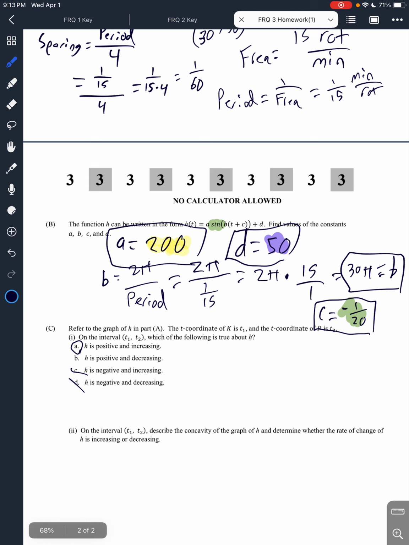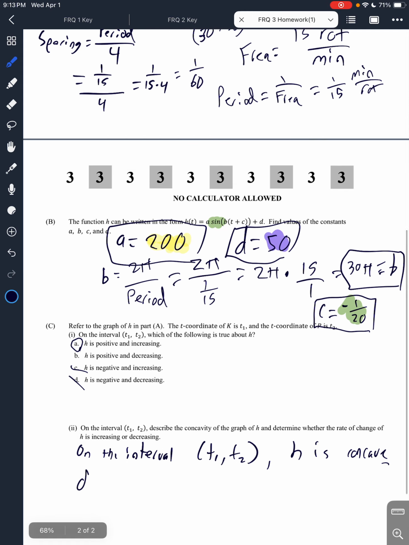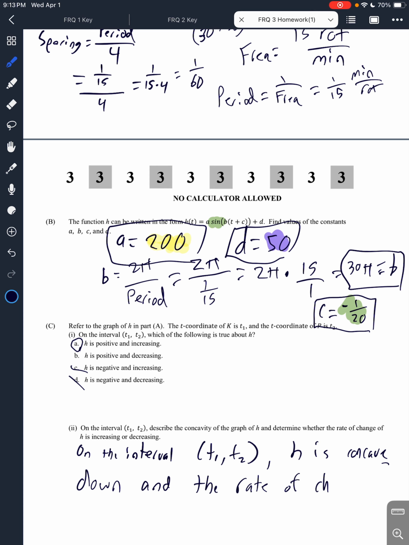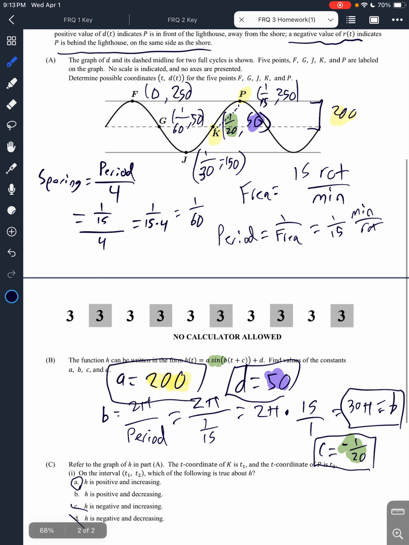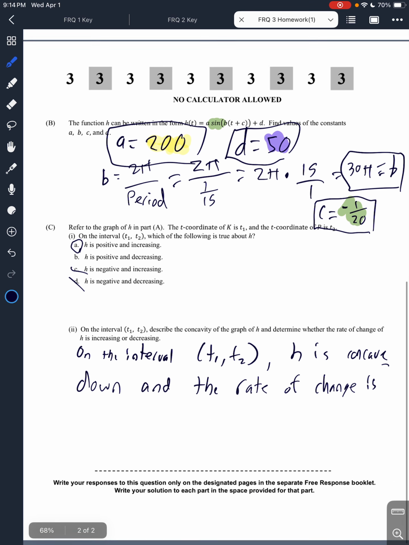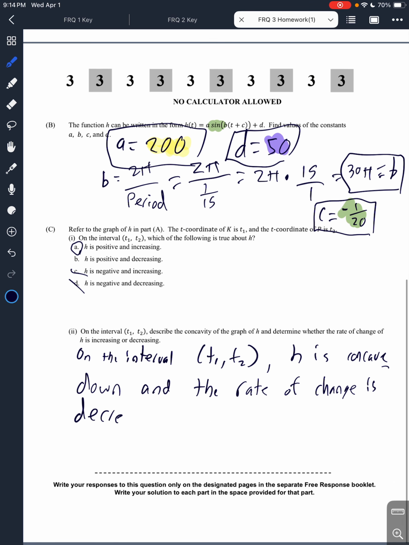So I would start by saying on the interval T1 to T2, H is concave down, and the rate of change is, we're going to say either increasing or decreasing. Because this is concave down, that means the same thing as the rate of change is decreasing.